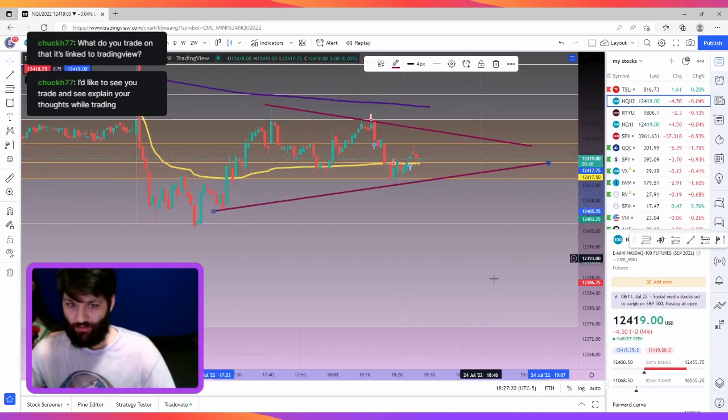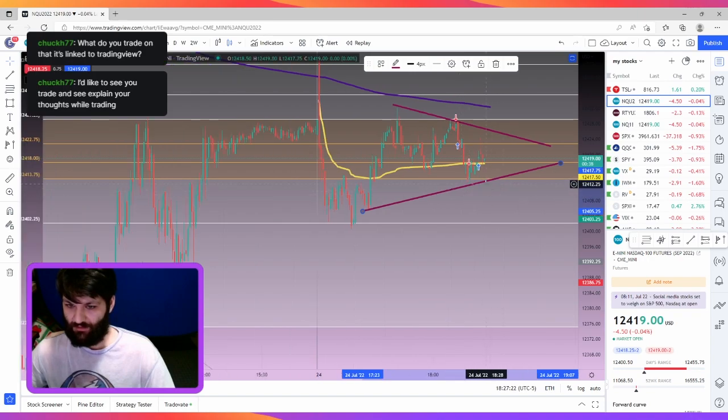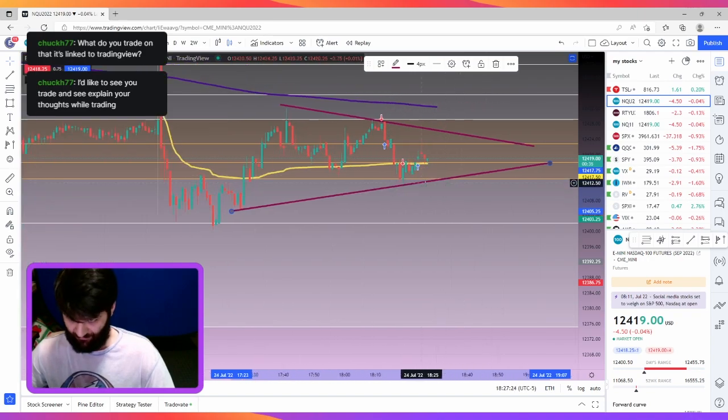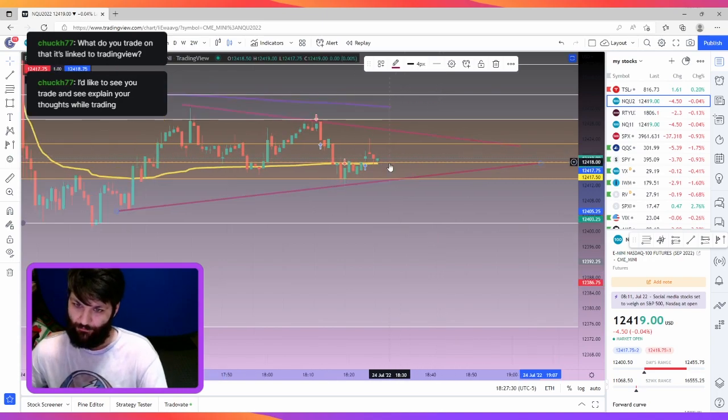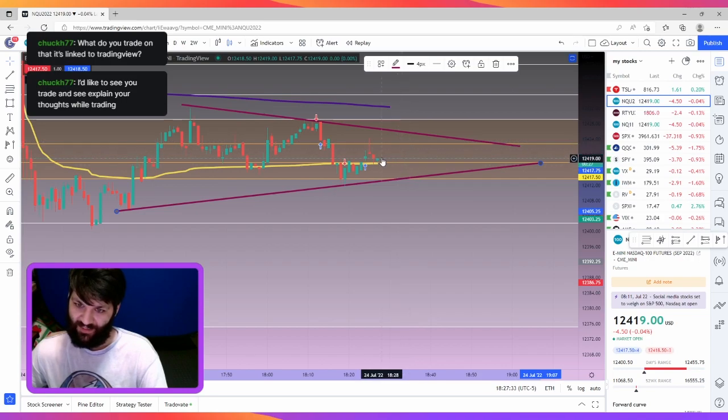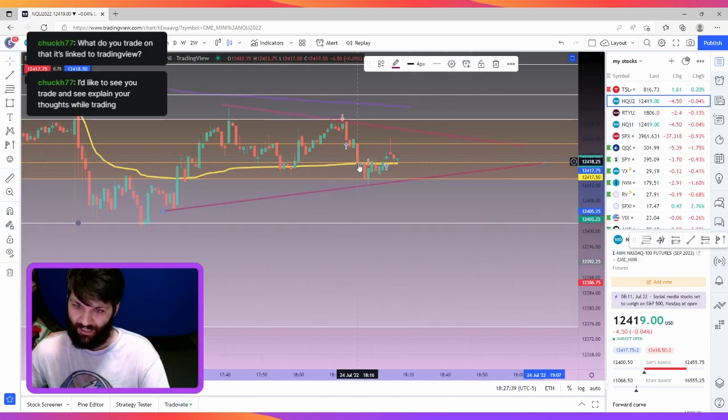The moment we break down out of this is going to be a huge move. So that's kind of one thing I'll wait for. I'll also look for bounces off of these fibs, and the tighter that they get, the closer we're getting to this drop. So it's getting tighter.